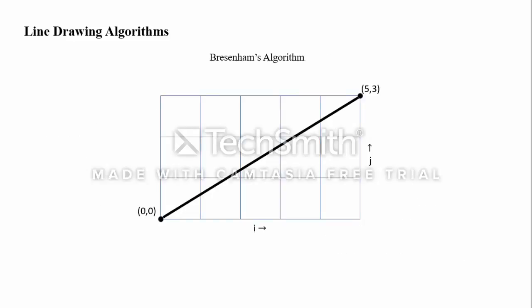Next, we will look at a second line drawing algorithm called Bresenham's algorithm. Consider a line with initial point x1, y1 and a terminal point x2, y2. Using an example like this, where we want to draw a line from point 0, 0 to 5, 3, if we start with a pixel in the 0, 0 position, how do we choose which pixel to use next?